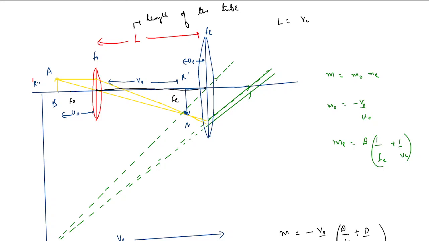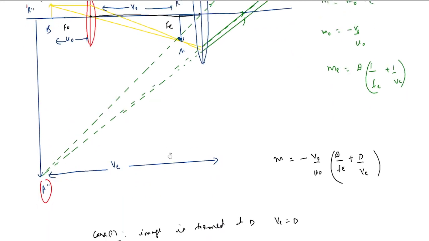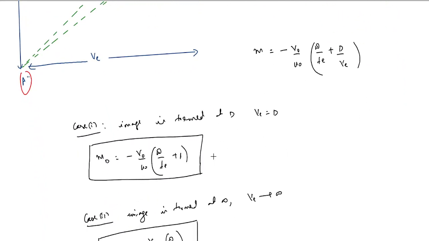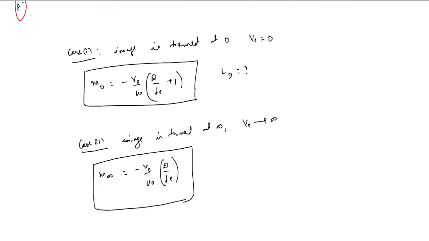So it becomes v0 plus ue. But here we want only the length, not with sign conventions, so we take its magnitudes. This is called the length of the tube. In a similar way, you can try as an exercise to find the length of the tube when the image is formed at D, and also when the image is formed at infinity. So this is about a compound microscope.